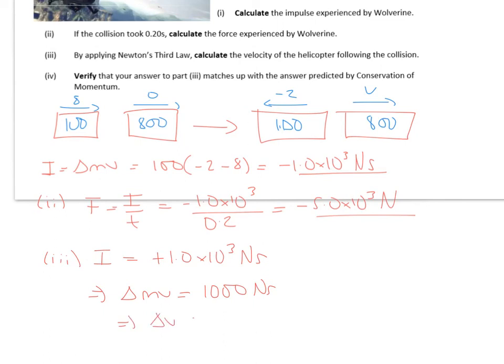So the change in velocity is going to be 1.0 times 10 to the 3 divided by the mass, which is 800, which is going to come out as 1.25 and so on, which is going to be 1.3 to 2 significant figures, which would be appropriate here.